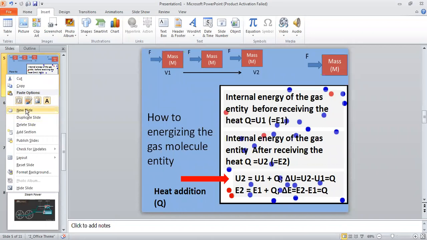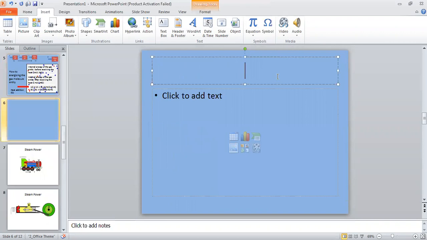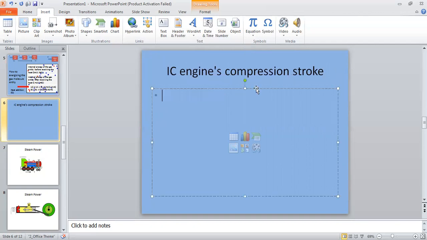Now let's say I will take the IC engine compression stroke. You know this. Let's say this is a diesel engine.